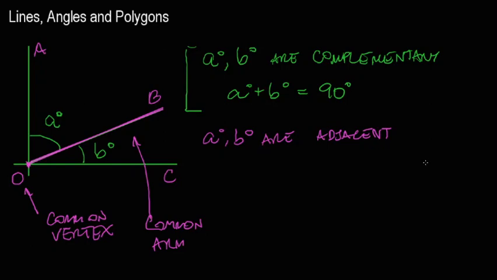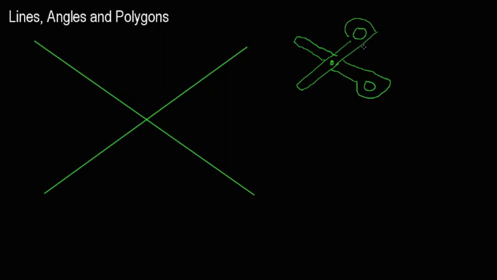Now let's take a look at what happens when lines intersect. Now, when we have two lines intersecting, so let me call this AB and CD, there will be some things here that will be quite useful for us to observe.